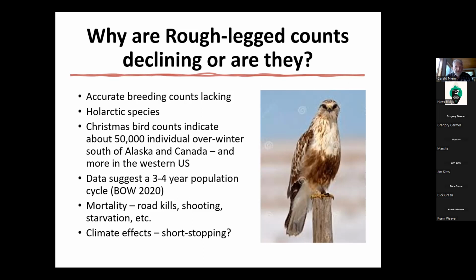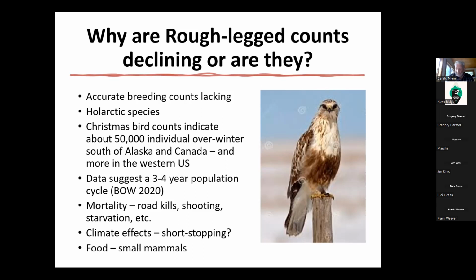They've coined that migratory short stopping, which was first coined dealing with sharp-shinned hawks in the east when they noticed that they had declined. So this is going to come up with other species. Are they not coming as far down? Are the food sources reasonable still far north? But it's still a very open question.